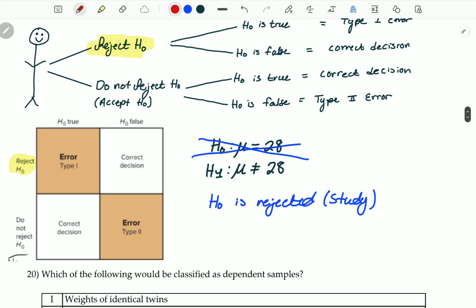In red, we're going to focus on reality. Reality says that the true value of mu is 29. So, is the null true or is the null false? The null says mu equals 28, but in reality, mu is 29. That means that the null hypothesis is false.